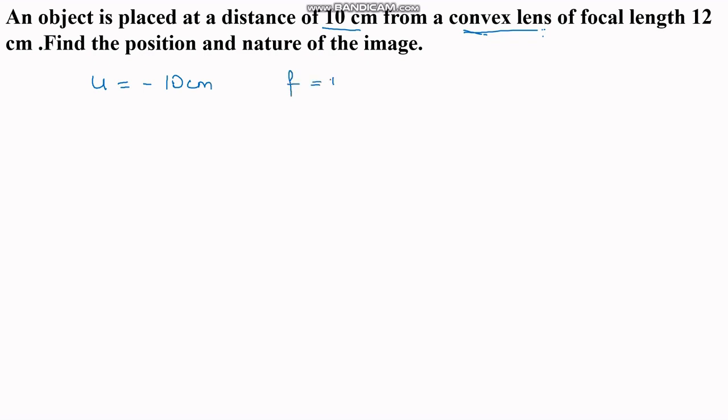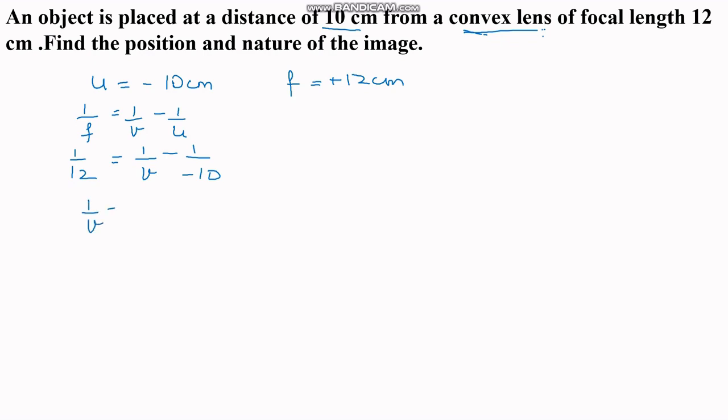The focal length, since it is a convex lens, will obviously be positive, so f = 12 centimeter. Now, the lens formula says 1/f = 1/v − 1/u. When I substitute the values, I have 1/12 = 1/v − 1/(−10).